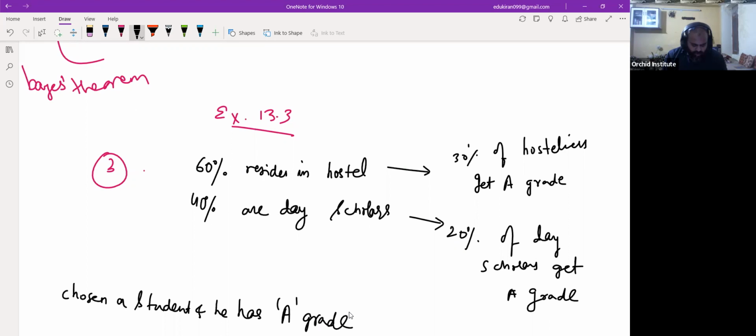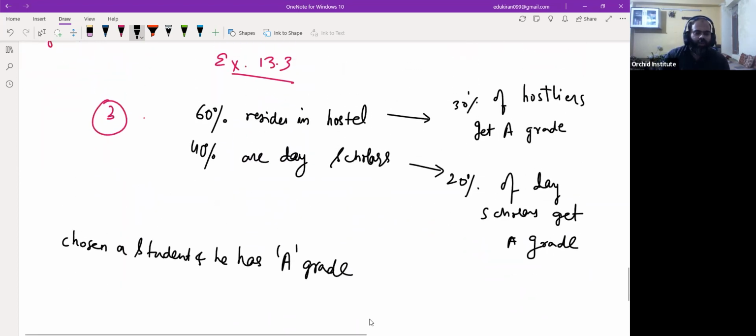What is the probability that the student is a hostelier?